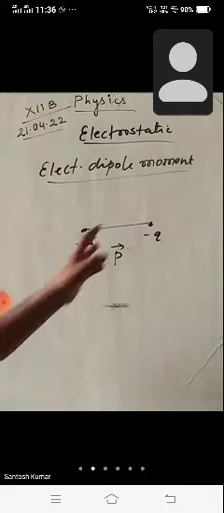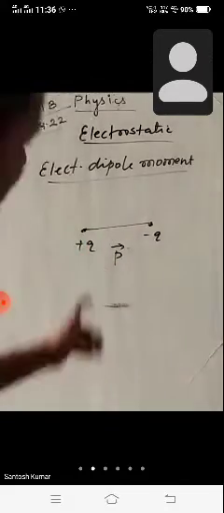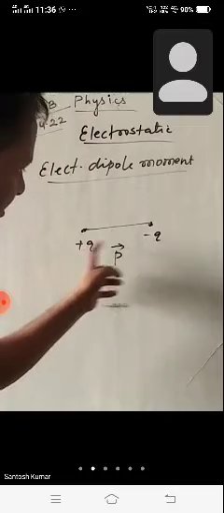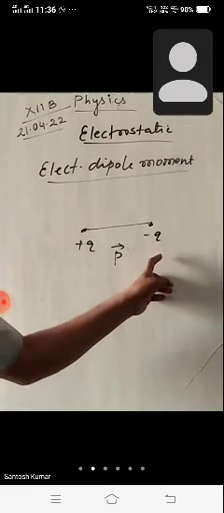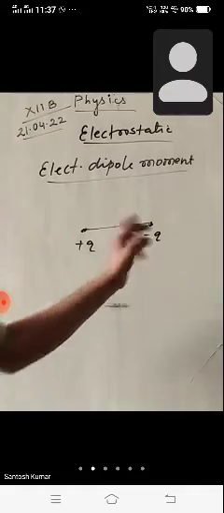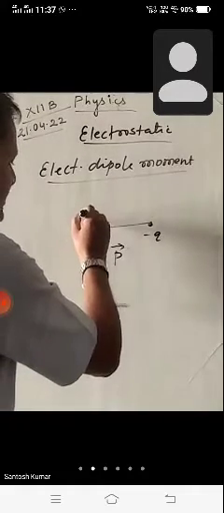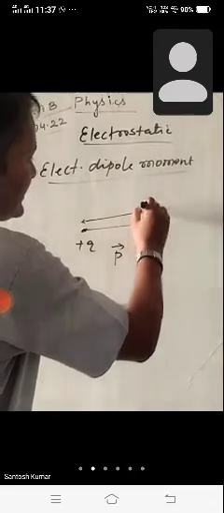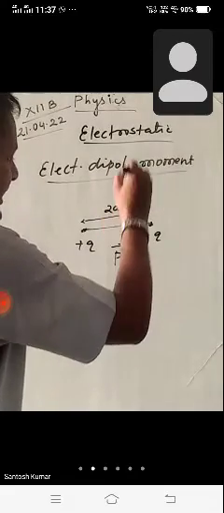Okay. The electric dipole moment we have defined as the product of either charge, plus q and minus q, both having equal magnitude, and the distance between them. We take this distance as twice of a.